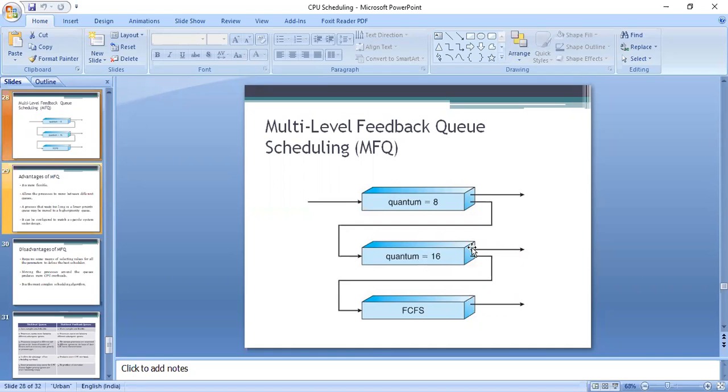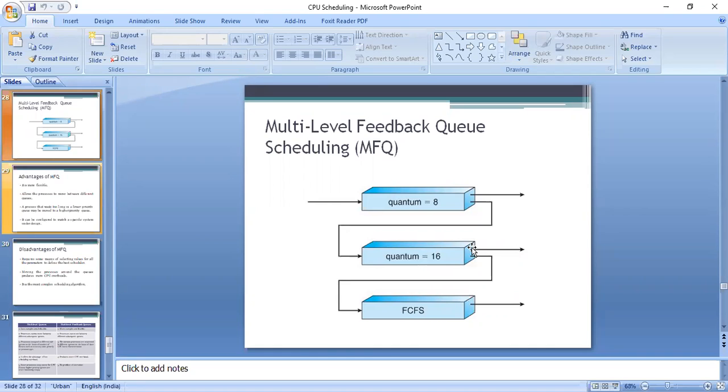Definitely, the upper queue is with high priority and the lower with the lowest. As in multi-level queue scheduling algorithm, processes are permanently assigned to a queue when they enter the system. For example, if there are separate queues for background and foreground processes, the processes do not move from one queue to another, since processes do not change their foreground or background nature.